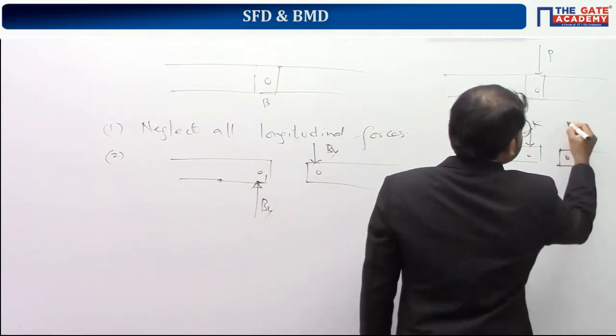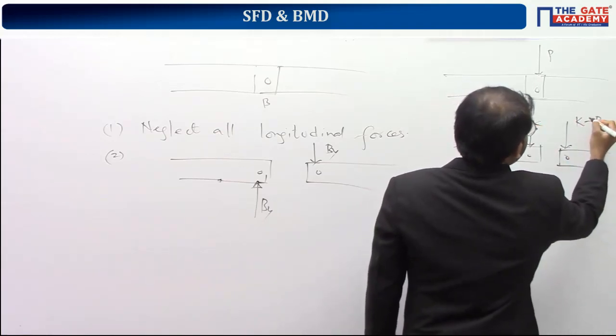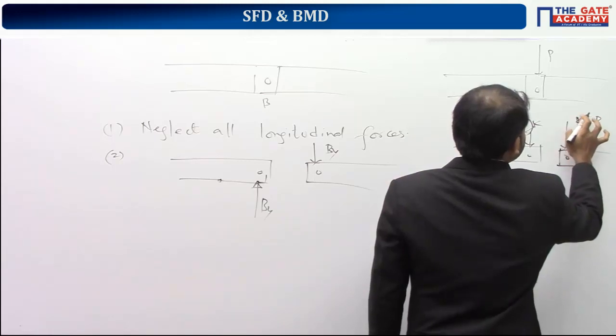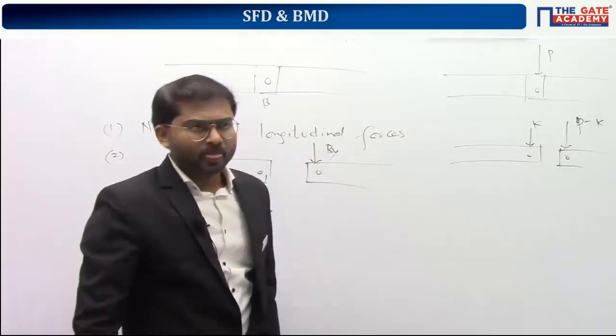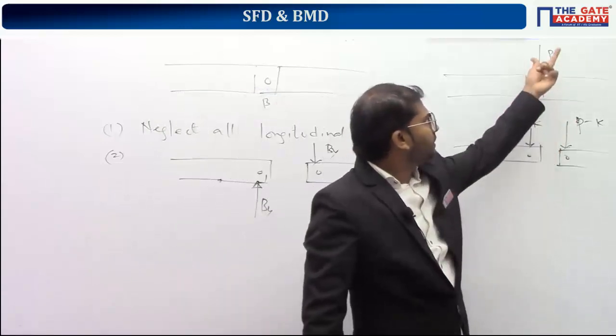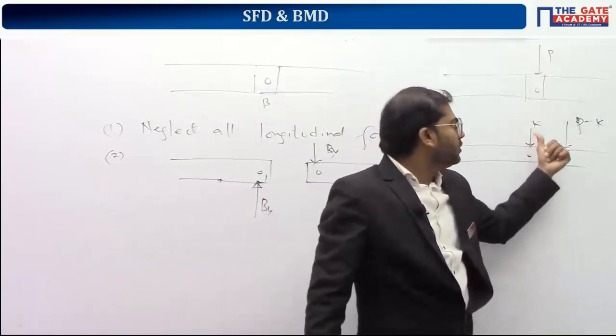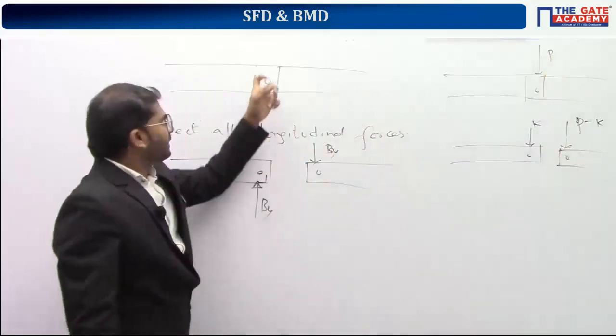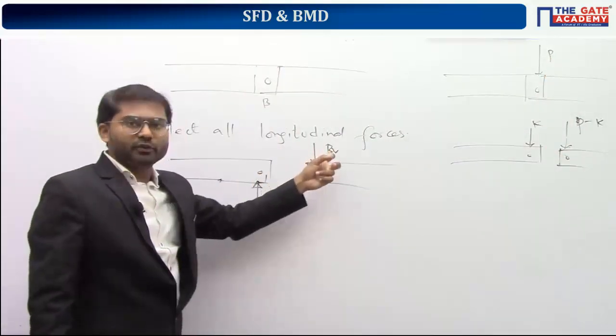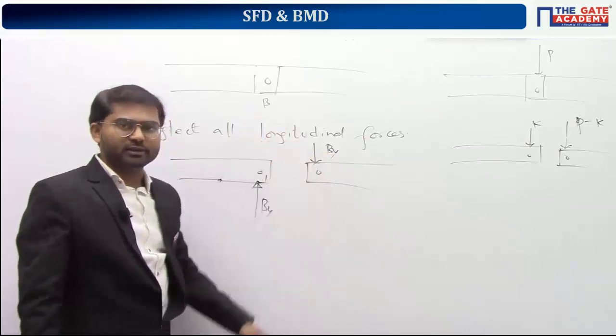The remaining part, that is P minus K, will go onto the second beam. So the effect of P is going onto both, and both additions should give you the value of P. Here there is nothing, so both additions should give you 0. So By upside, By downside.